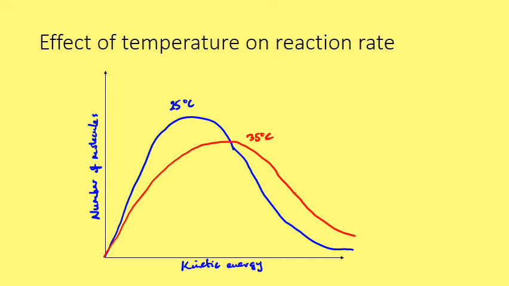So let's just make that quite clear. At higher temperatures, more particles have more kinetic energy. By definition, as it happens, because it's the kinetic energy of the particles that gives something its temperature. Temperature is just a measure of the average kinetic energy of all the particles.